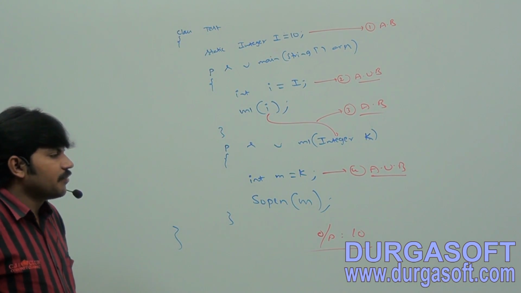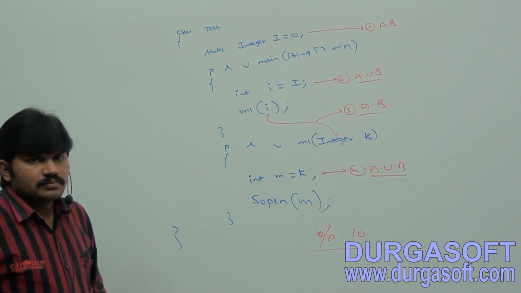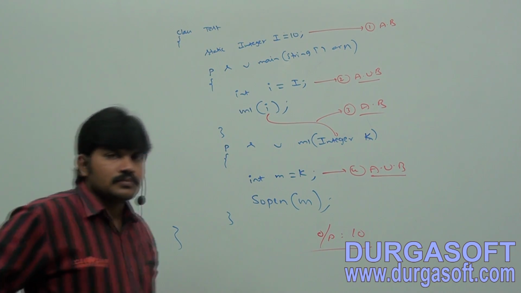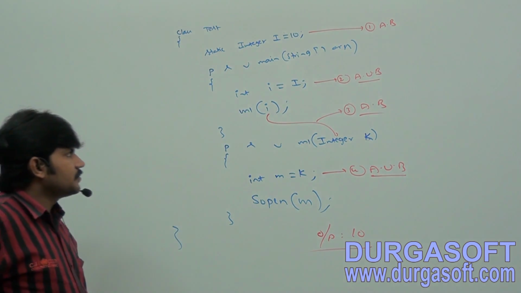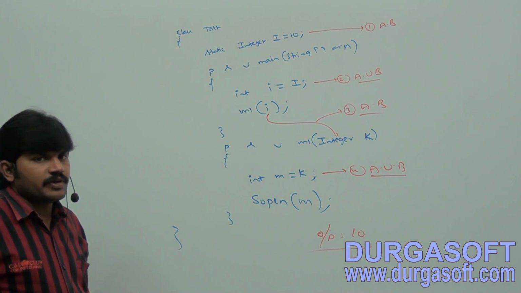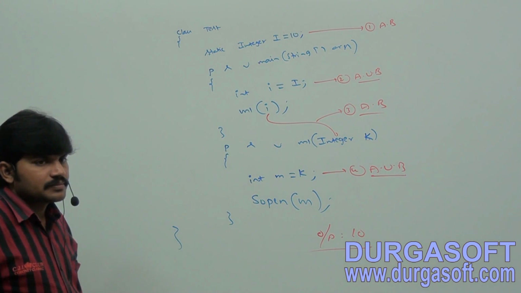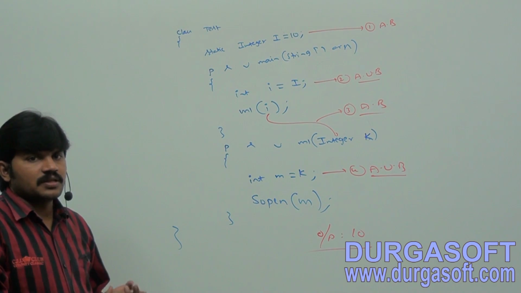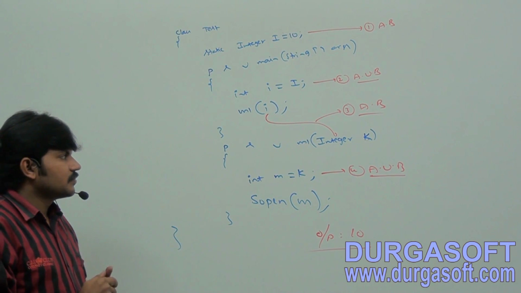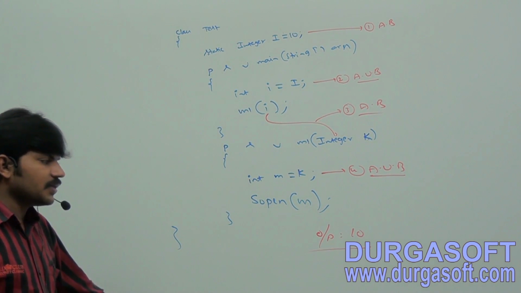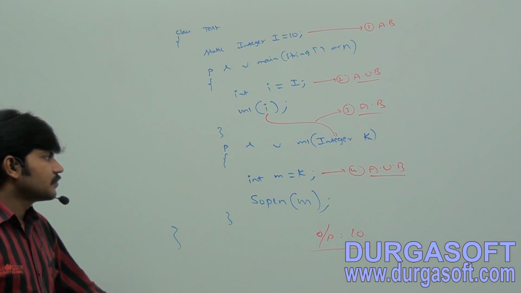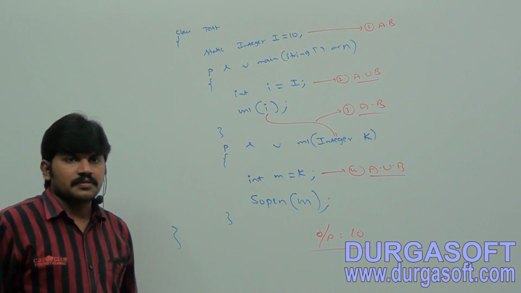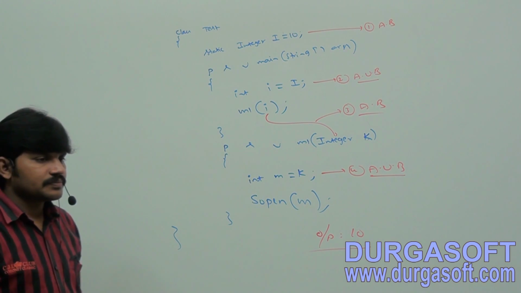Public static void main, int I is equal to capital I: auto unboxing. m1 of I: Autoboxing. Int m is equal to k.